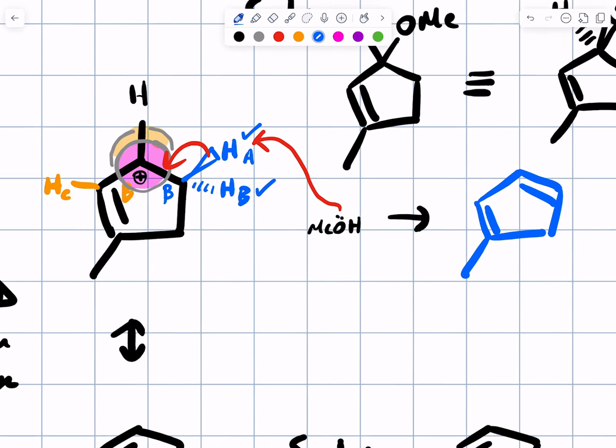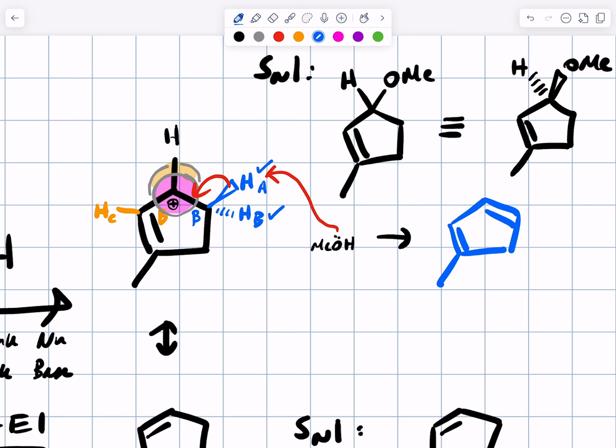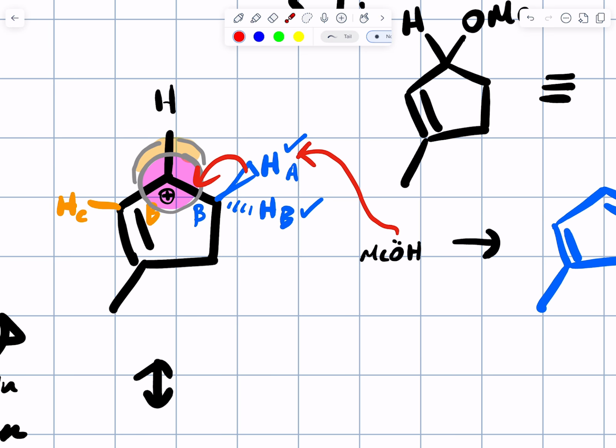Okay, now what about HC, the vinyl proton? It turns out that HC, if you look at the way we've drawn it, is on an sp2 hybridized carbon in the plane of the page. And you might say, okay, fine, let's just rotate it outside the plane of the page to line it up with the empty p orbital.